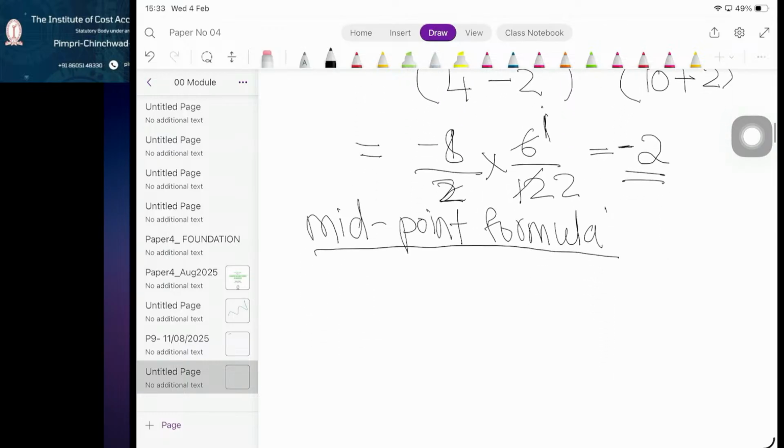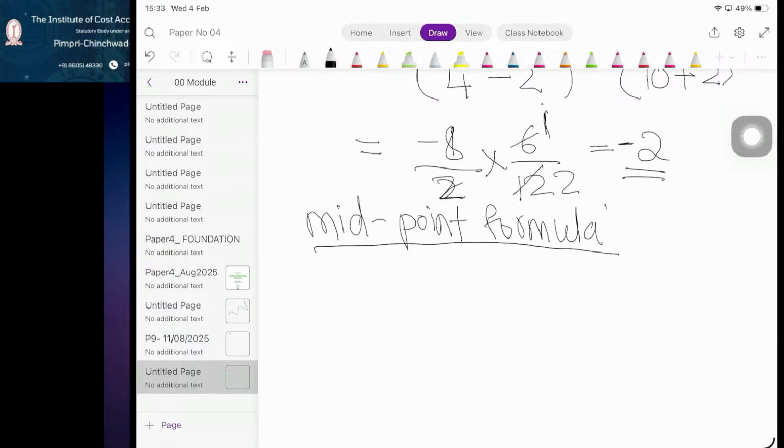Now, okay. Yes, tell me what is the question. You can unmute yourselves and speak also, okay? You can unmute and speak, Ishwari.